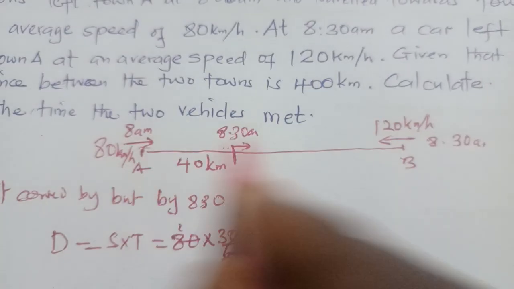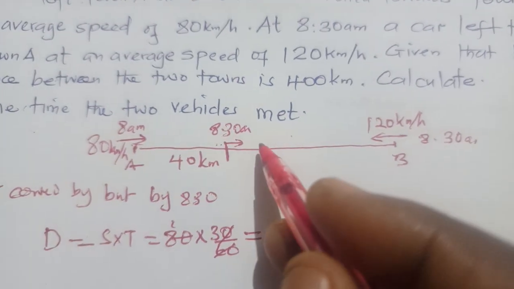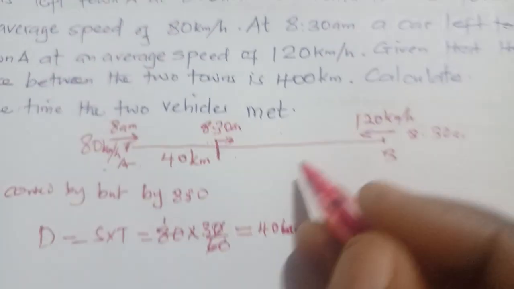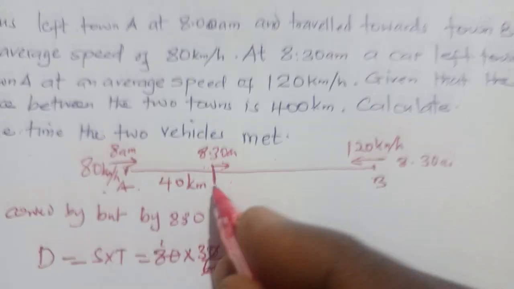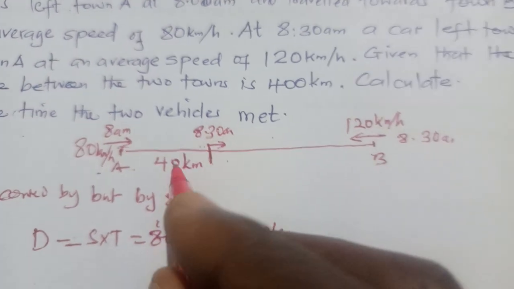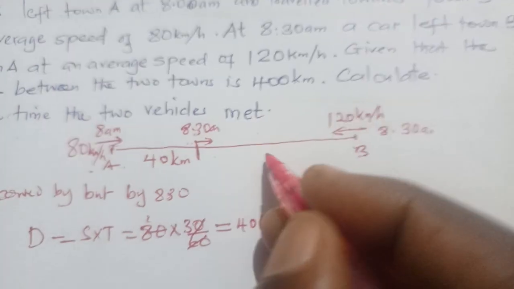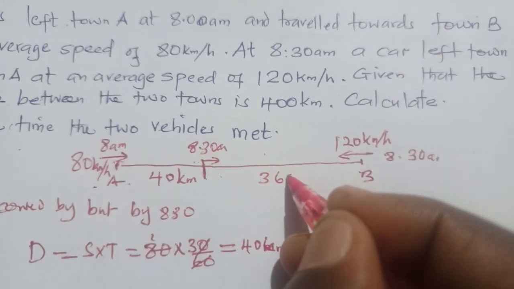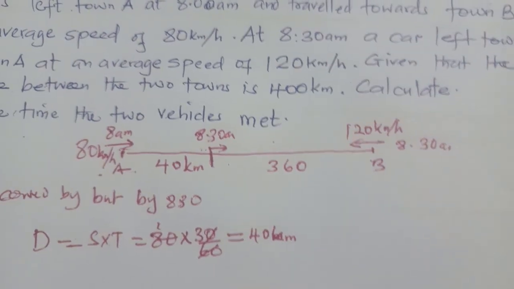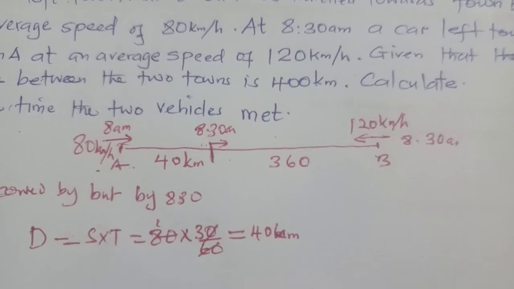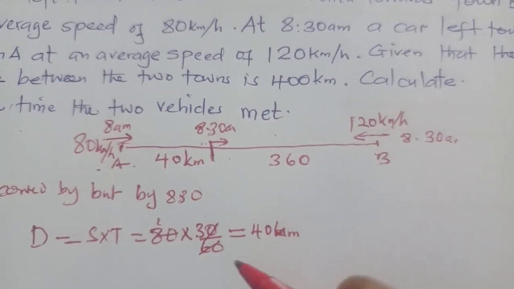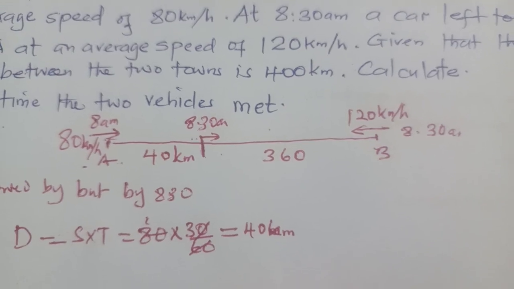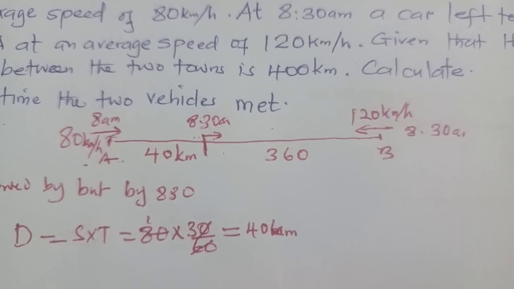So remember, the bus is going in this direction, the car is coming in this direction. The total distance between the two towns was 400. So by 8:30, 40 has been covered, so we remain with 360. So by 8:30, the common distance to both vehicles when they are both moving is 360, being the difference between 400 and the 40 that had been covered earlier.